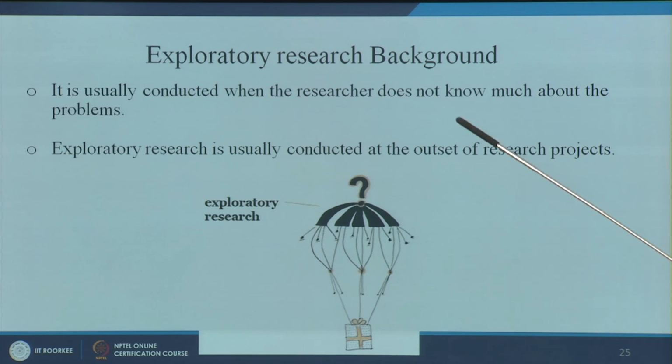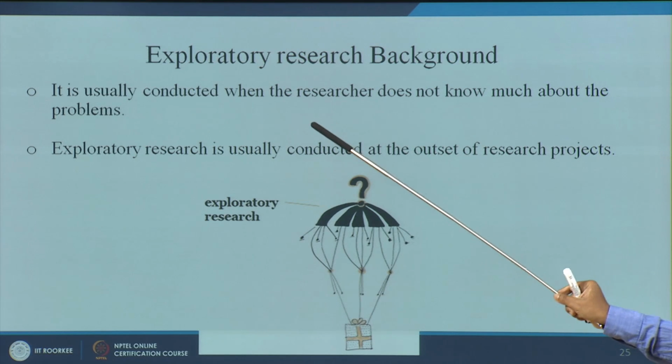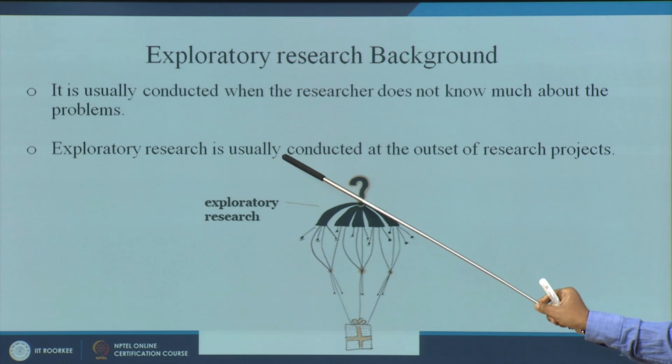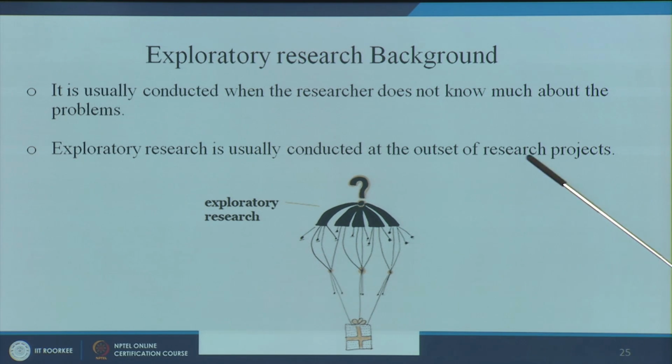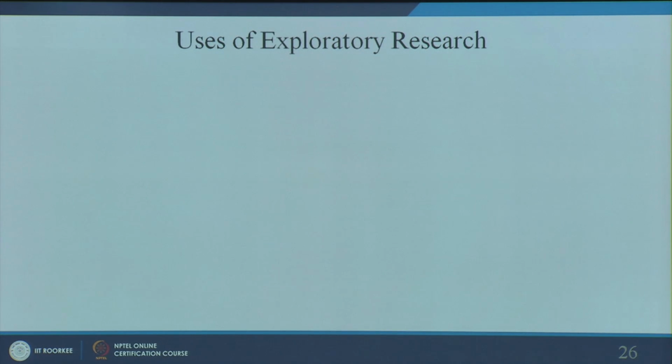Exploratory research background: it is usually conducted when the researcher does not know much about the problem, right. It is usually conducted at the outset of research projects. So, let us see some of the uses, right.